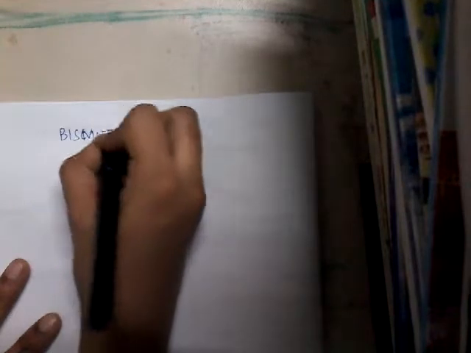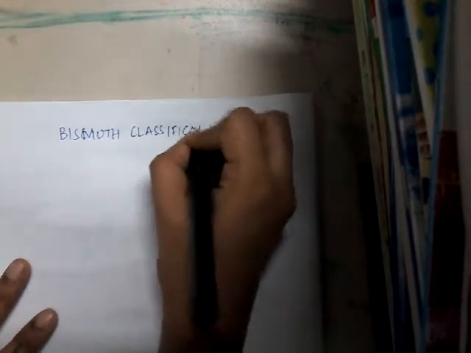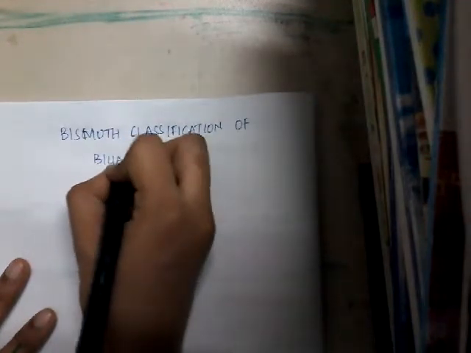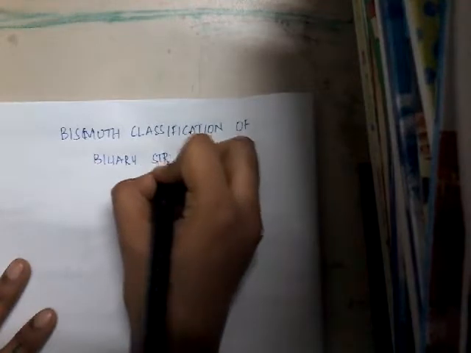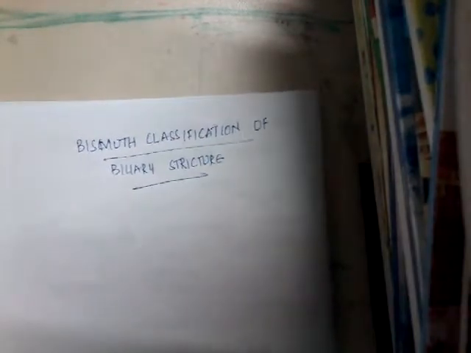So first, let us learn the classification. The most common classification is the Bismuth classification of biliary stricture. So what do you learn in this Bismuth classification of biliary stricture?